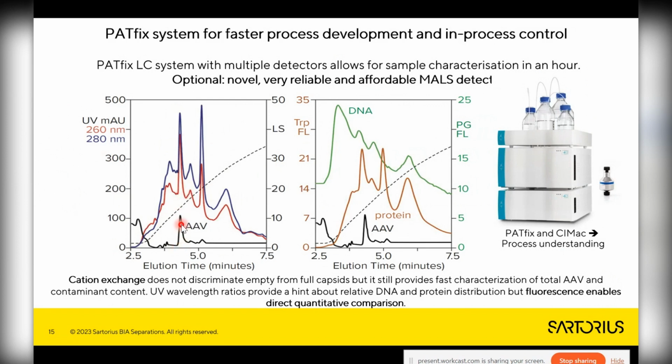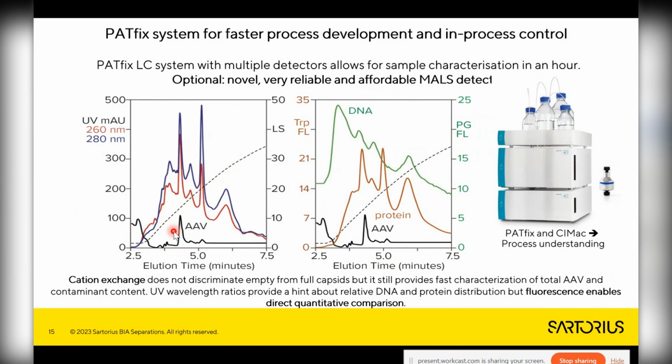The AAV is basically detected or analyzed here by the multi-angle light scattering detector, which is black. So the area of this peak, although the sample is really the harvest, so quite a dirty sample, corresponds quite nicely to the amount of AAV capsids, which would in this case still be full, empty, partial, heavy.